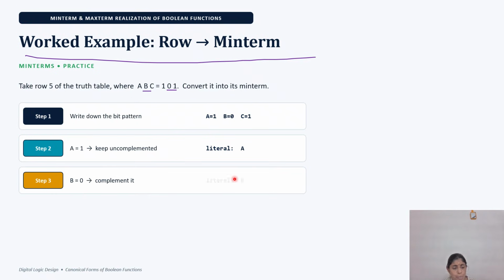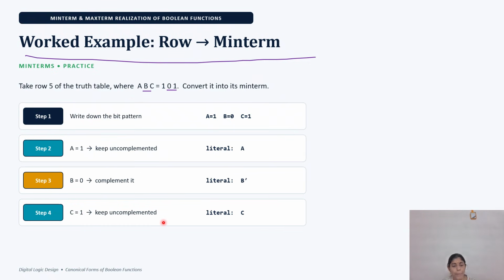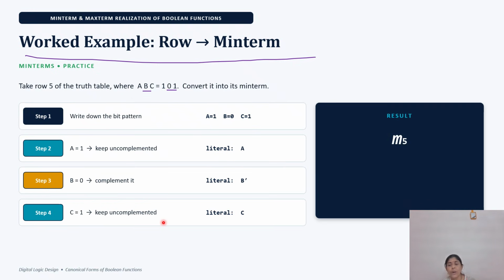B is equal to 0 means it is a complement. So the literal is B dash. Step number 4, A over B over. Next you have to consider C is equal to 1. What is C is equal to 1? Keep uncomplemented. I mean it is a non-complement. So what is the result? M5 is A dot B dash C.